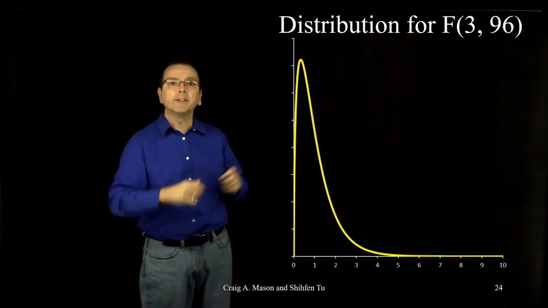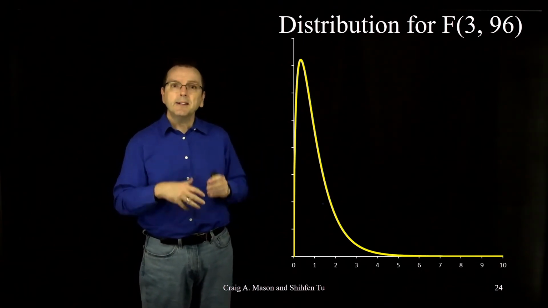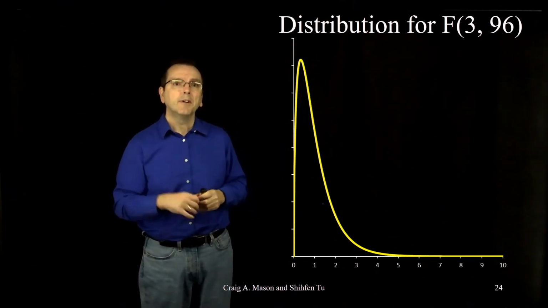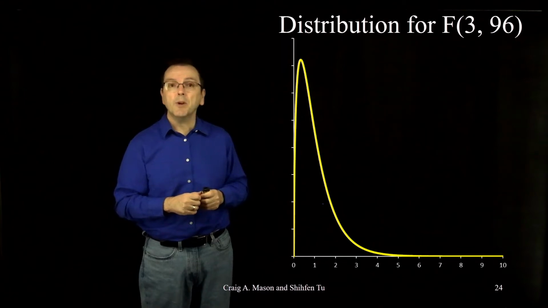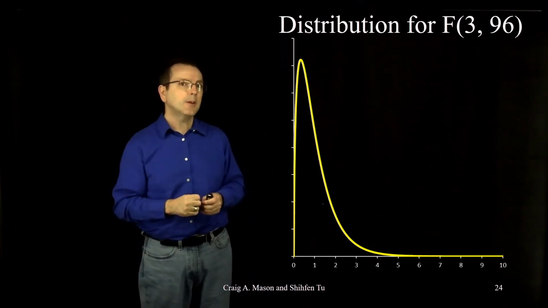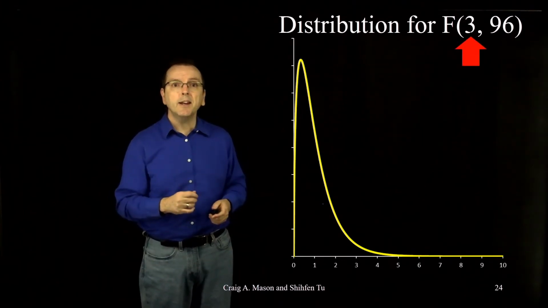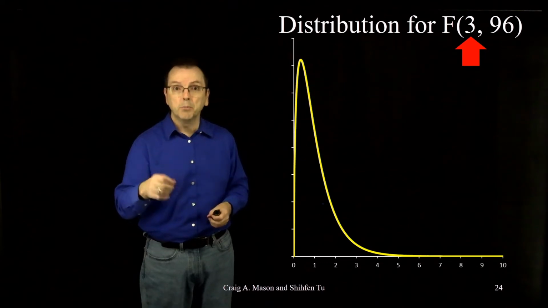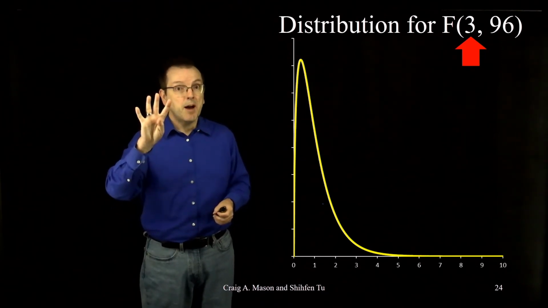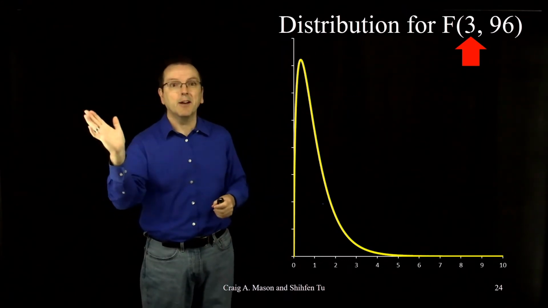Now, a few points. Notice that the degrees of freedom tell us a couple things here. Again, in this illustration, for example, it tells us that we have 4 groups. Do you see that? See why? Well, remember, the degrees of freedom between is equal to the number of groups minus 1. So 4 groups minus 1 gives us the 3 degrees of freedom. We got 4 groups.